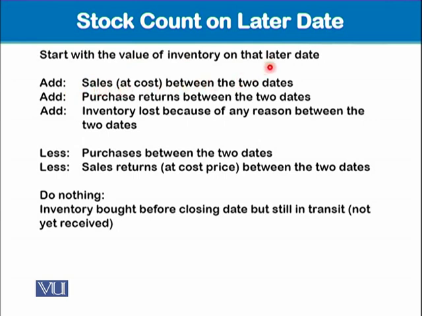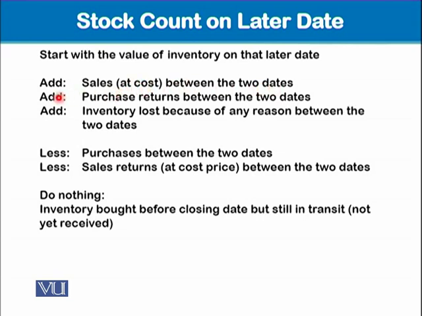Had that inventory count happened on 31st of December X9, those goods would have been part of inventory. So now we have to add those sales which happened between the two dates, but we have to work out their cost.